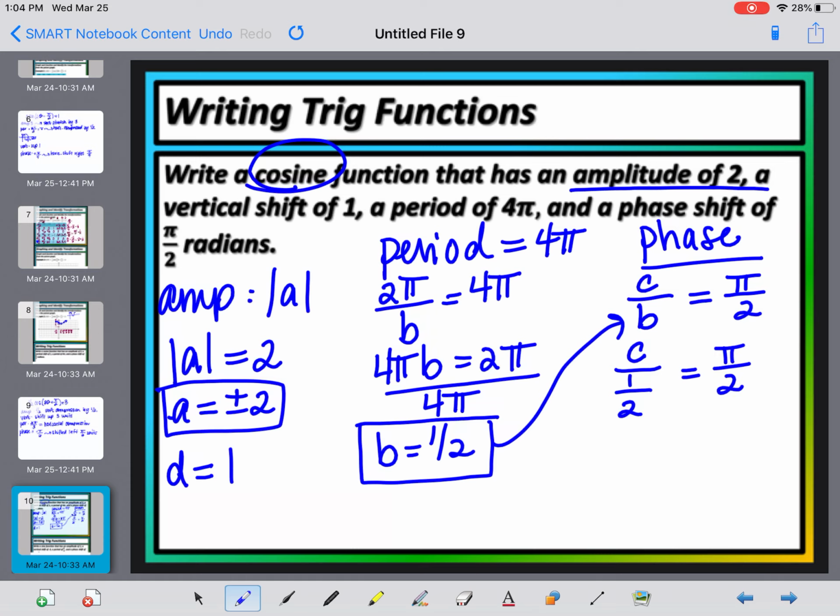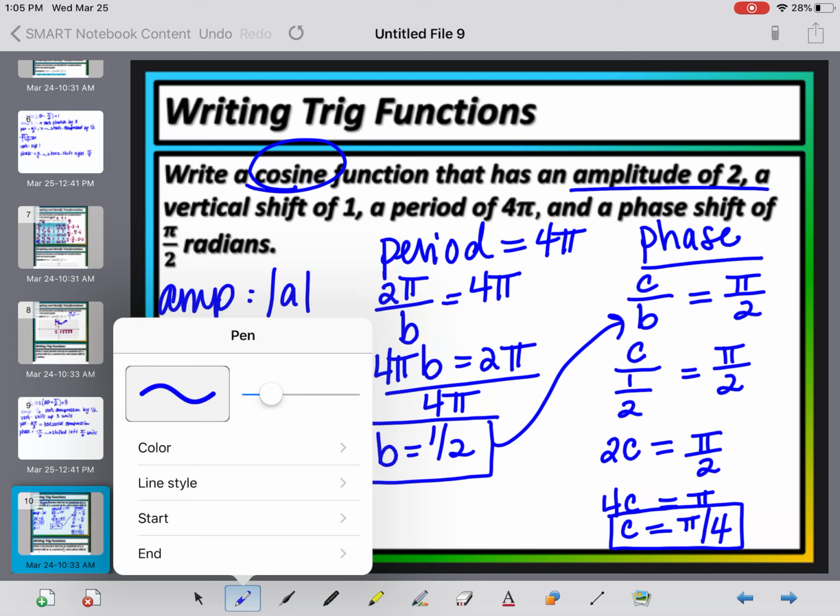Okay, so this could cause some problems if you got B incorrect when you solved out the period, because now you're using that B value in the next step. So this is really 2C equals pi over 2. So we could say 4C equals pi, which means that C equals pi over 4.